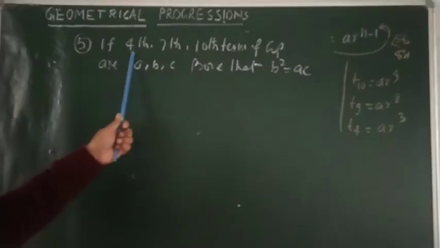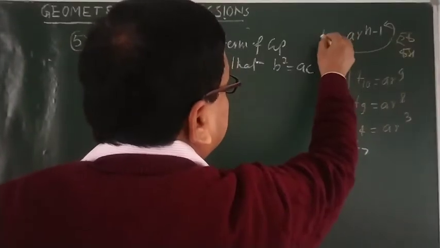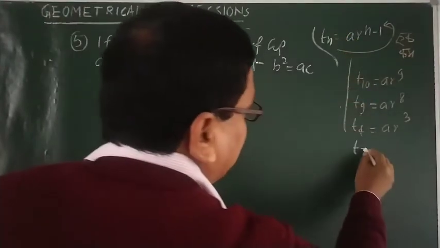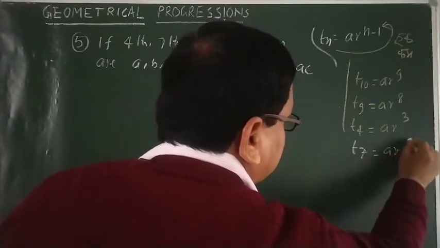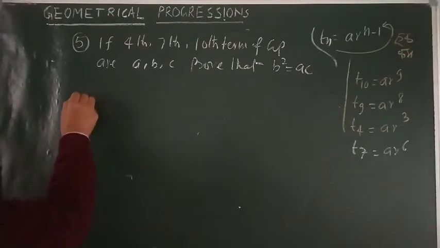Now again the 4th term, 7th term and 10th term. The 7th term on the basis of the formula Tn is ar^6. Now according to the question, the solution is being given.